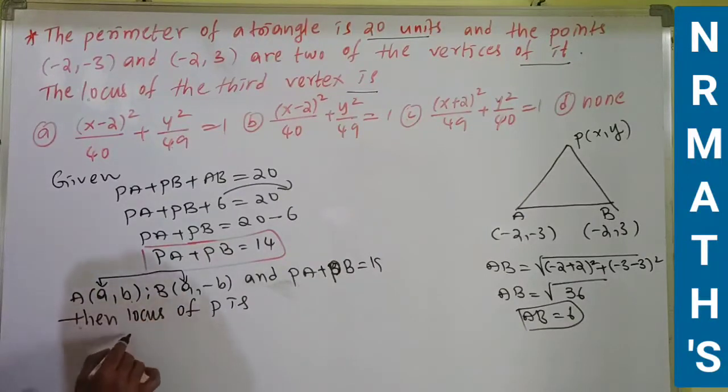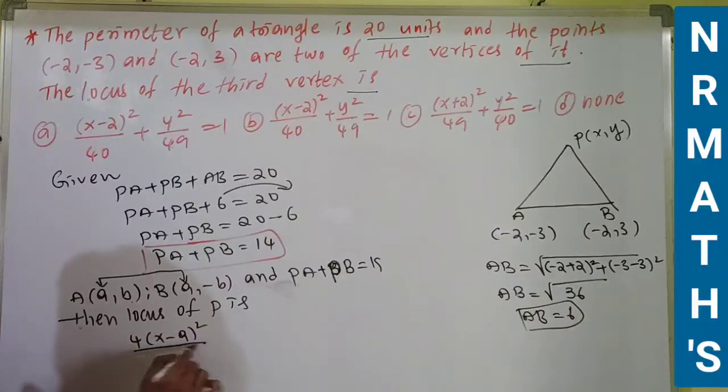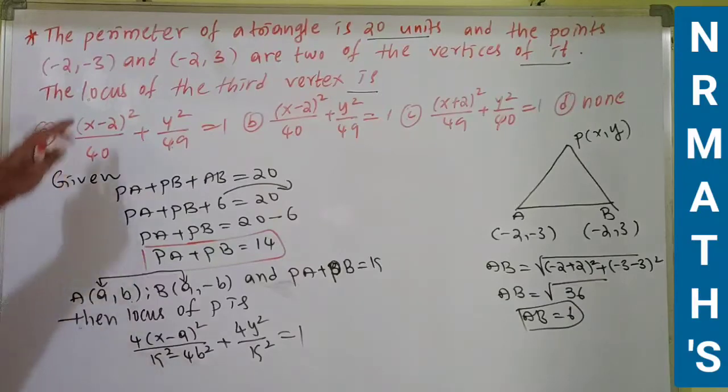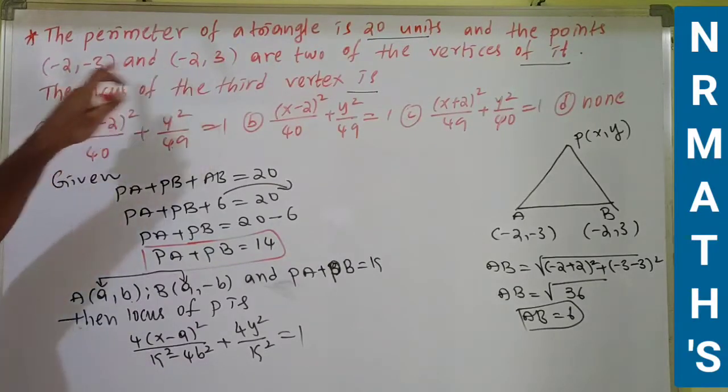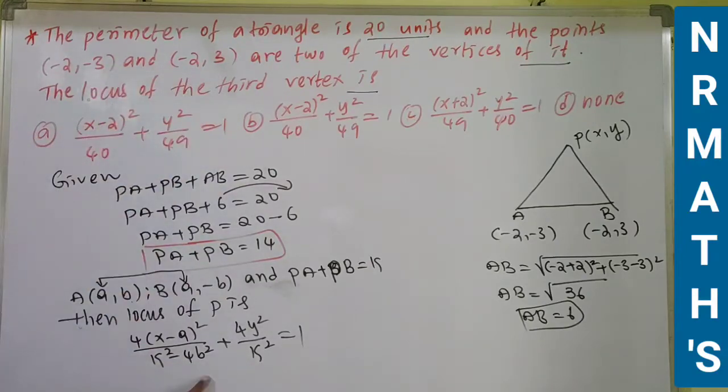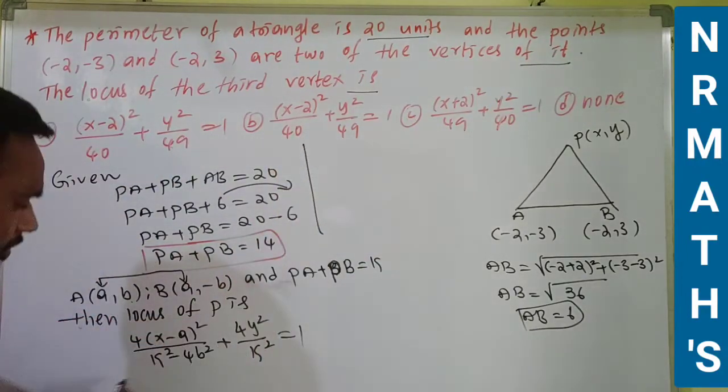Then the shortcut is 4(x minus a) whole square by denominator k square minus 4b square, plus 4y square by k square, is equal to 1. Here the x coordinates are equal, -2 and -2, and the y coordinates are -3 and 3. Now apply this formula.